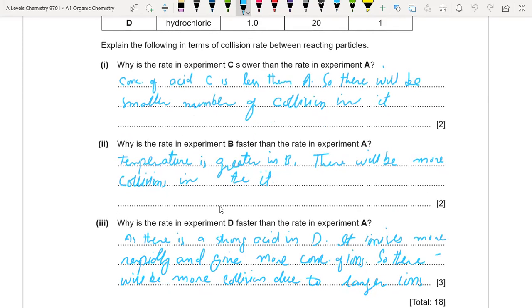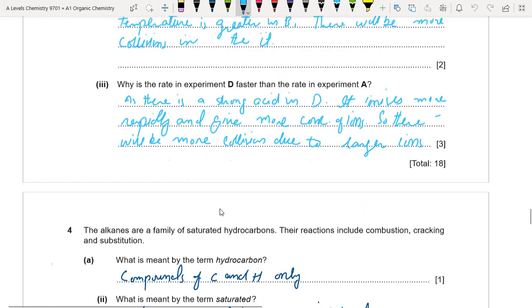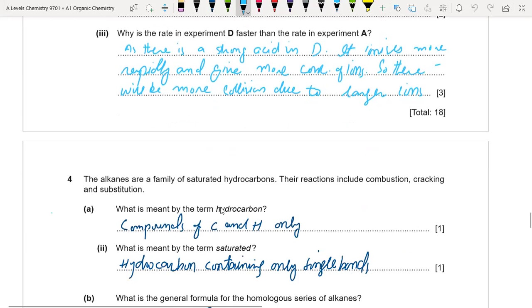As there is a strong acid in D, it ionizes more rapidly and gives more concentration of ions. So there will be more collisions due to the larger amount of ions.